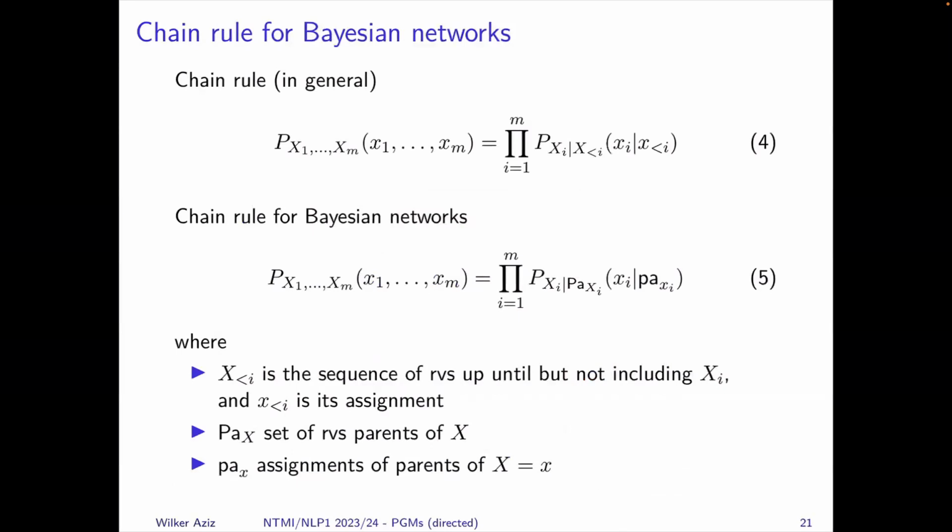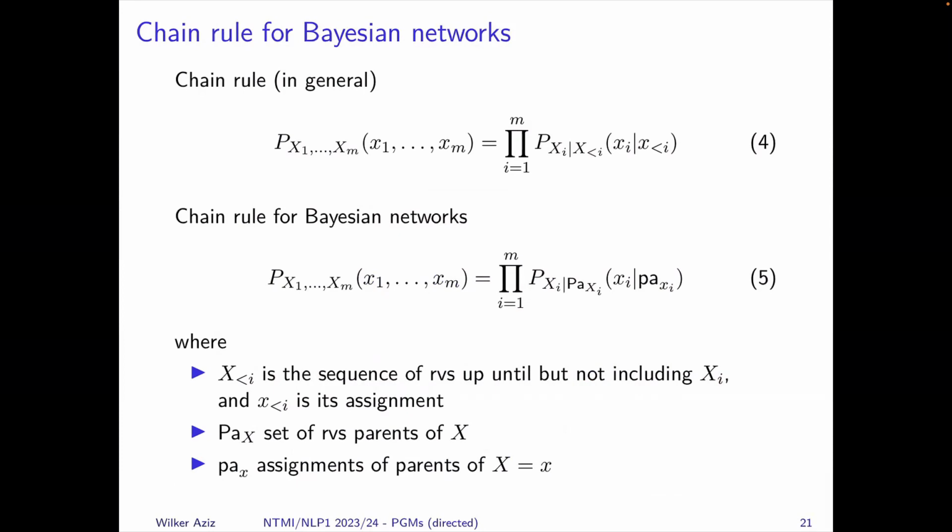I can state a general result, which is a version of chain rule, the chain rule for Bayesian networks. So it's chain rule where you simplify all the factors that are licensed by the particular Bayesian network you have.